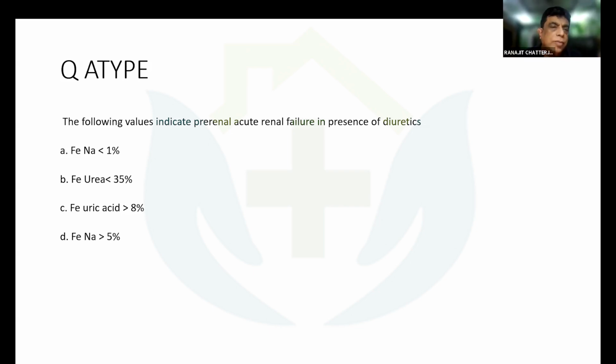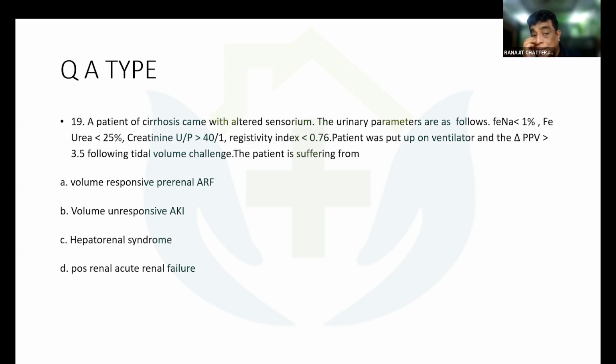Now, this is a type question. You will get a different type of question like this, a difficult one, maybe a bit more. Now, see the question properly. A patient of cirrhosis came with altered sensorium. The urinary parameters are as follows. You may also get a question like this in EDIC Part 2, a more detailed one.